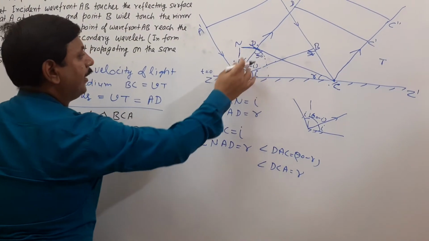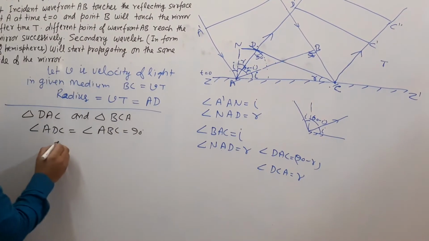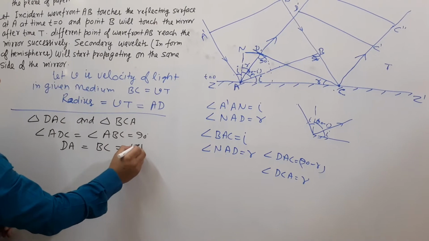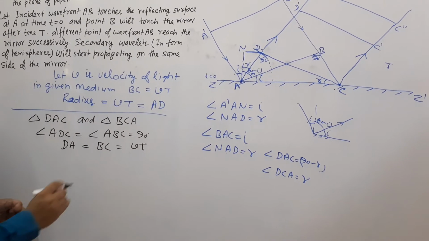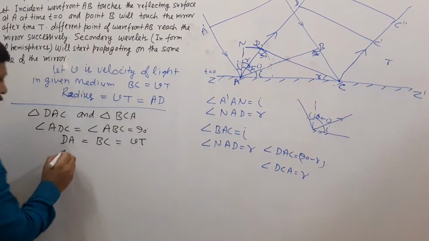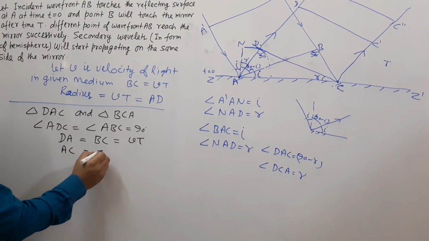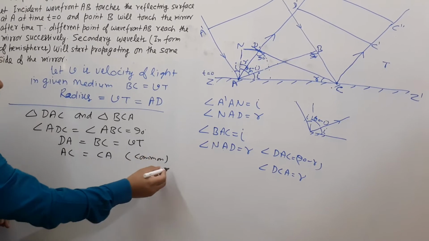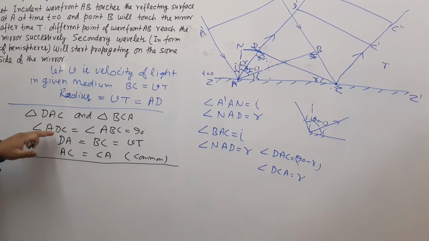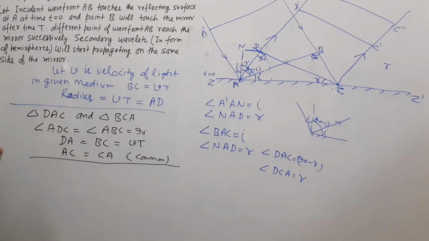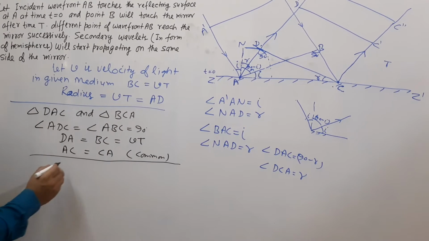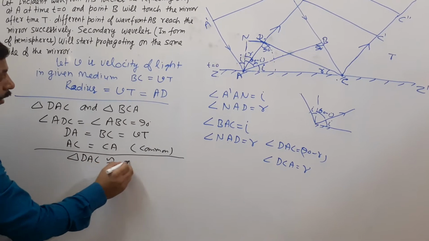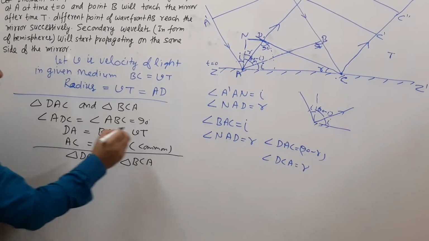Next, DA is equal to BC. DA is equal to BC, both are VT, velocity into time, and AC is common. Hypotenuse AC is equal to CA, common. In right angle triangles, if the hypotenuse and one side are equal, they are congruent to each other. That means triangle DAC is congruent to triangle BCA.